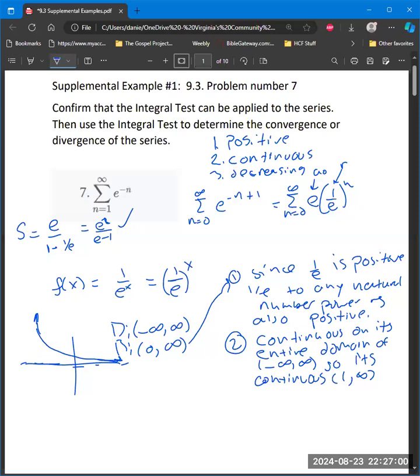And then f prime of x is negative e to the negative x, so negative 1 over e to the x.